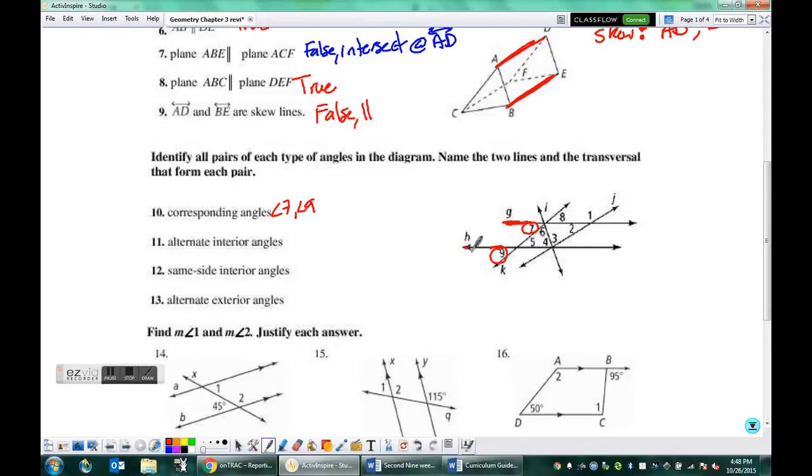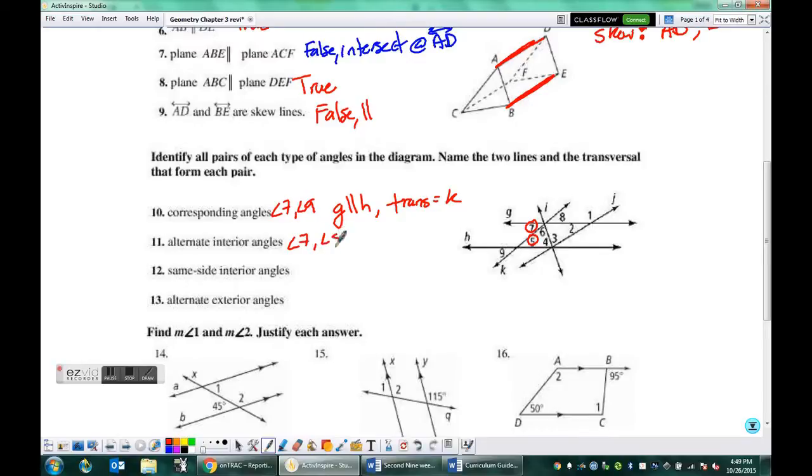If 7 and 9 are corresponding angles, you'll notice they use the lines G and H. So those are parallel. The transversal is the line that they share, which in this case is line K.